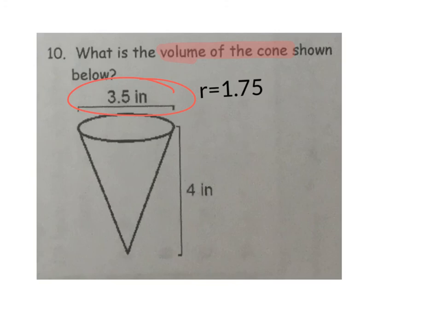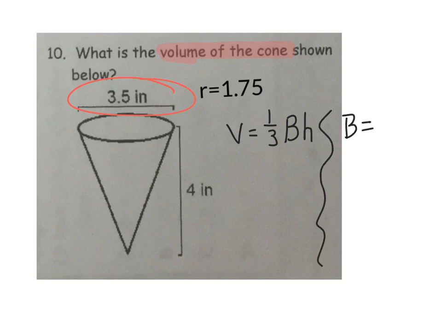So for volume of the cone, we're going to use the formula V equals 1/3 area of the base times the height. Remember, we have to find the area of the base, which is pi r squared. So we'll have to do this part first.